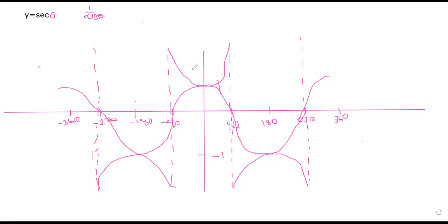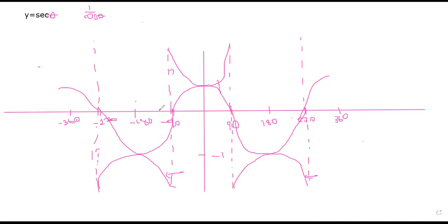Only these parts which are on top, this and this and this, are the sec graph. The cos one should be erased.